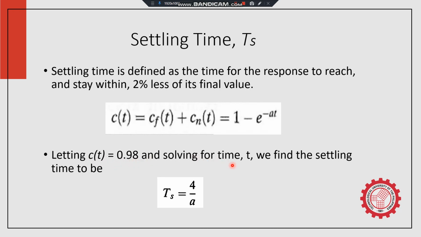And solving for the time t for that given c(t), we could find the settling time to be Ts equals 4 over a. So once more, how did we arrive at 4 over a? From this equation pa rin, we substitute the 0.98 here and solve for t.